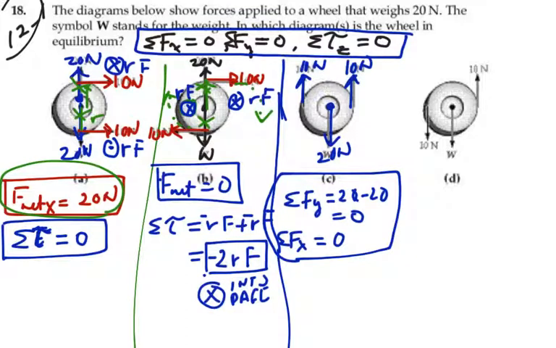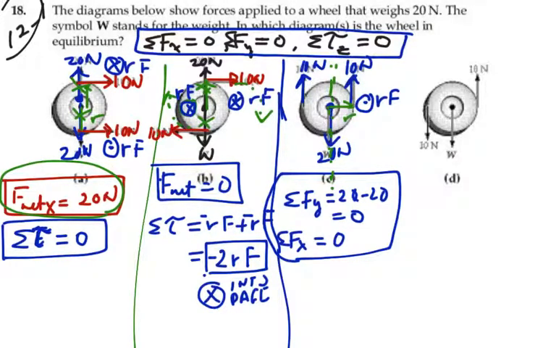What about torque equilibrium? We have no net torque due to this central force because it has no moment arm. We do have a moment arm for this 10 newton force on the right, making this rotate counterclockwise, giving us a net torque out of the page of r times f.